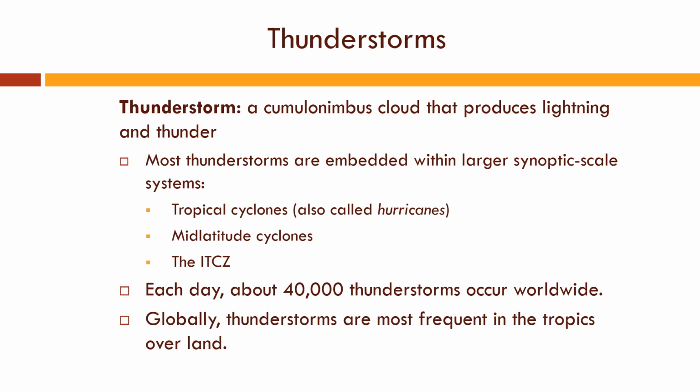And where do we get the most of that? That solar energy hitting the tropics provides the most solar heating, especially over land, because the land heats up faster than the water. And there's a lot of ocean around the tropics, so we've got an abundant source of moisture.